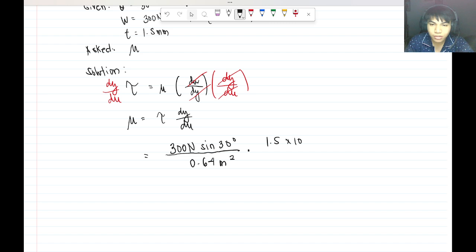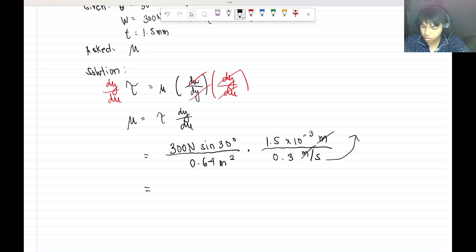So that's 10 raised to negative 3 meters over 0.3 meters per second. And now this will be reciprocated and this will be cancelled. Okay, so let's try to calculate that.